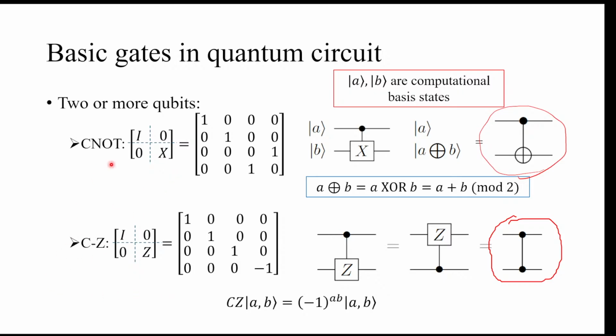And so there's the CNOT gate, and there's also the CZ gate. And the CZ gate is symmetric between these two entries, because if you do CZ on AB, it's (-1)^(A times B) AB, so it's symmetric on both entries, so it's written like this. It's just two control dots here.